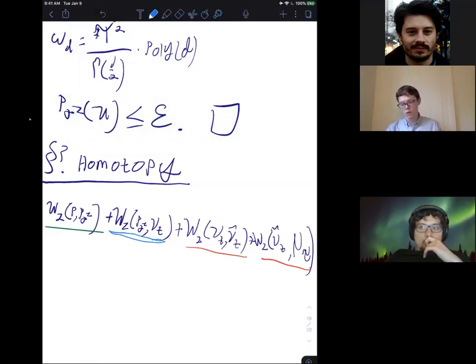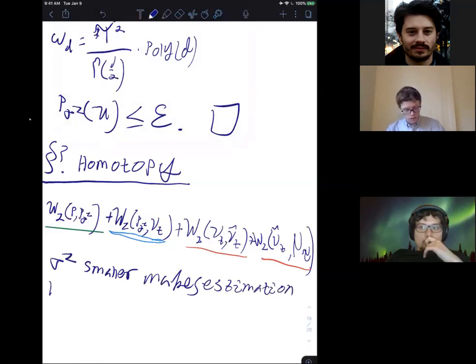I can speak a little more about that if we assume some more structure on P. But I think the biggest point is that sigma squared smaller makes estimation harder. Intuitively this makes sense, because otherwise we should just send sigma squared to 0, and it wouldn't mean anything. So there should be some kind of trade-off.